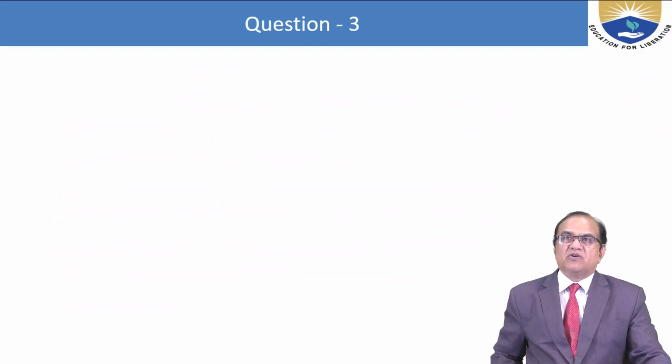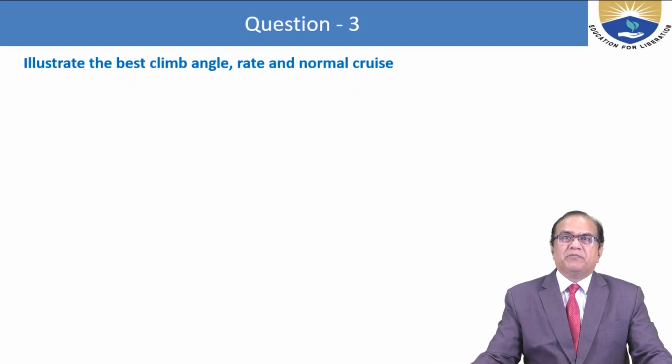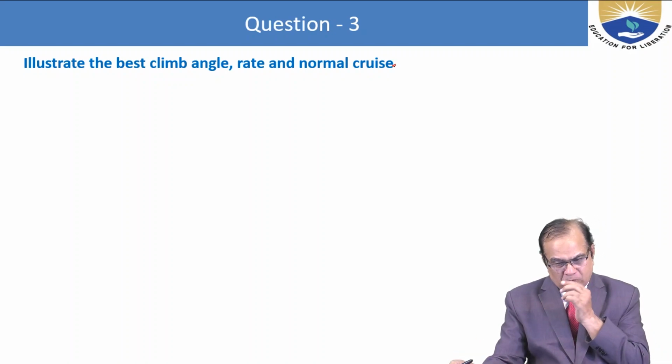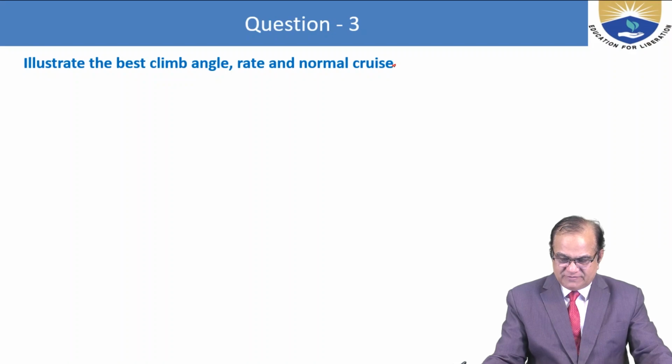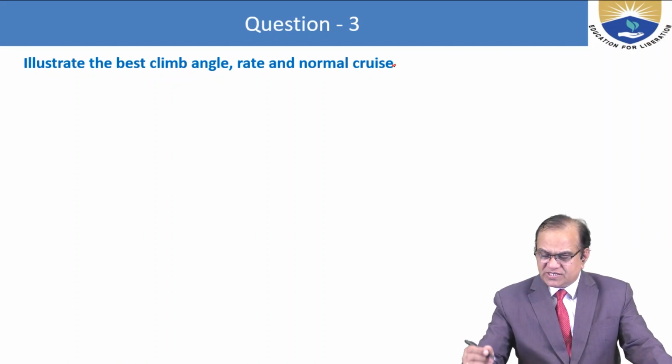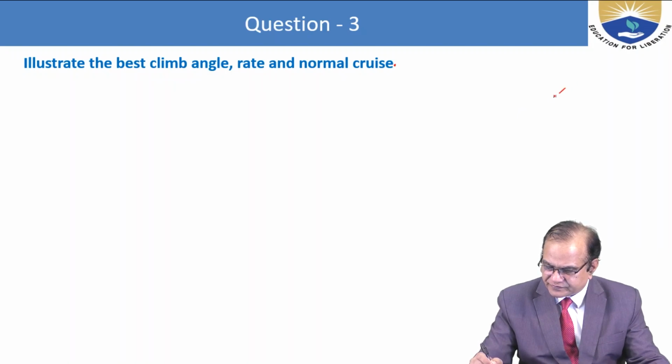Now I will discuss question number 3. Illustrate the best climb angle, rate and the normal cruise. So we have to see the best climb angle, rate and the normal cruise. Just now I have discussed about the climb.